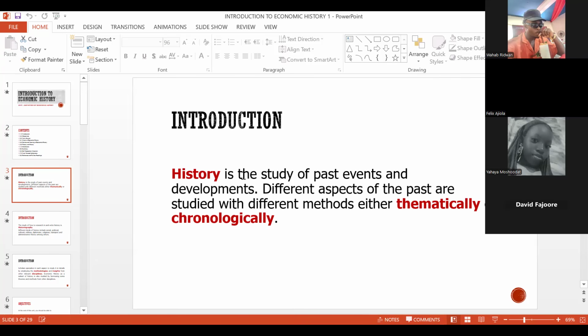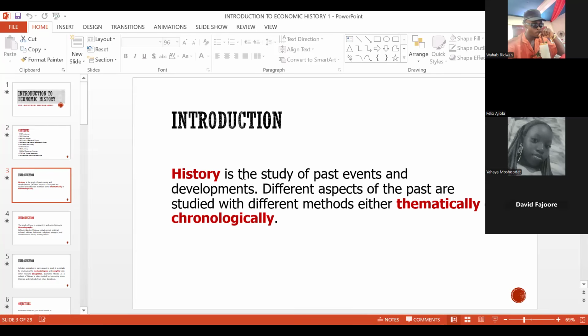Of course, historians have different definitions of history. You will see some scholars say history is a record of past events that provides the impetus to understand the past, to appreciate the present, and to project into the future.